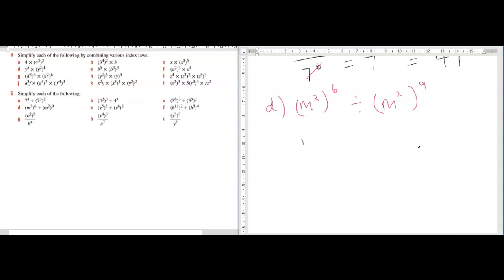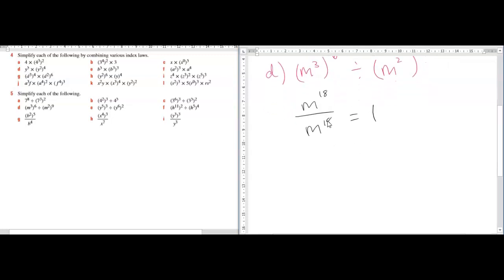Okay, so we've got m to the power of 18 on our numerator, and then m to the power of 18 on our denominator. When you are dividing the same thing, dividing a number by the same number, this becomes 1.